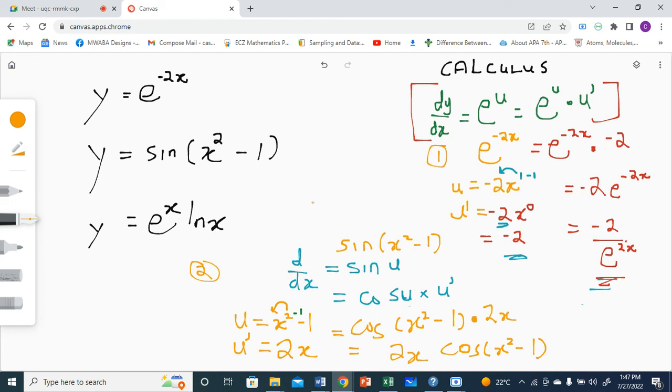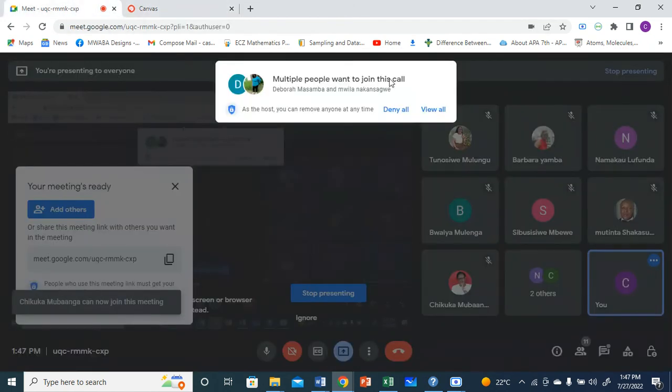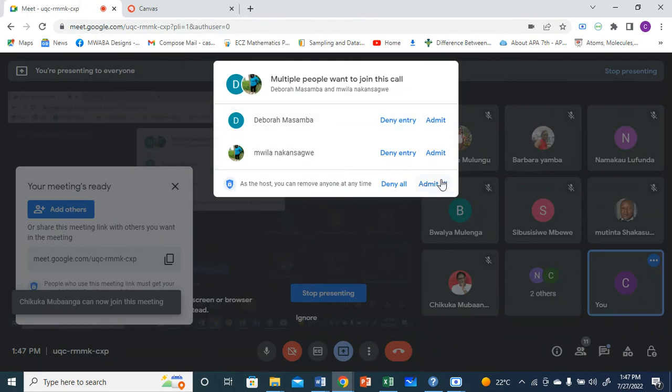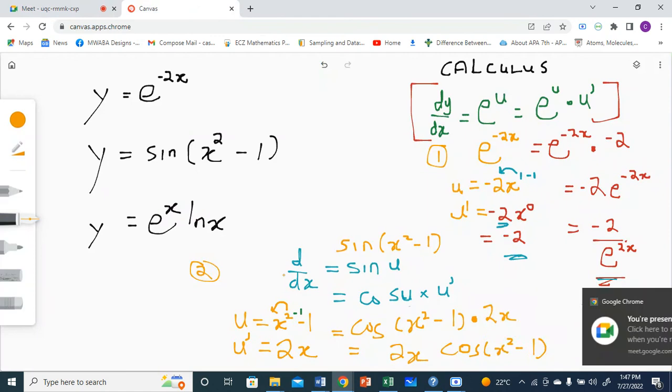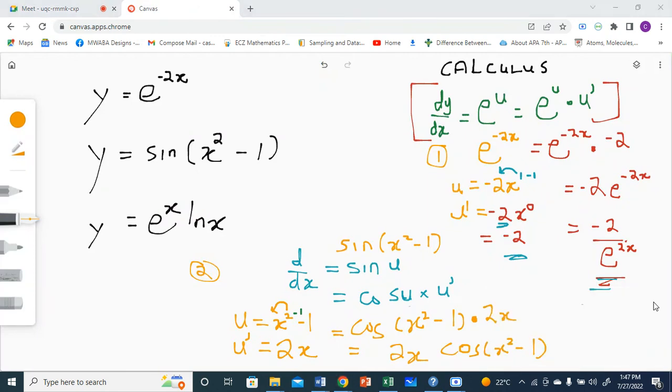Are we okay with this? Mrs. Barbara, Miss Tunosiwe, Miss Lufunda. Who else is here? Miss Lufunda, are we okay with this? For me, I'm a bit behind. You all okay? Yeah, on what? On differentiating trigonometric functions.